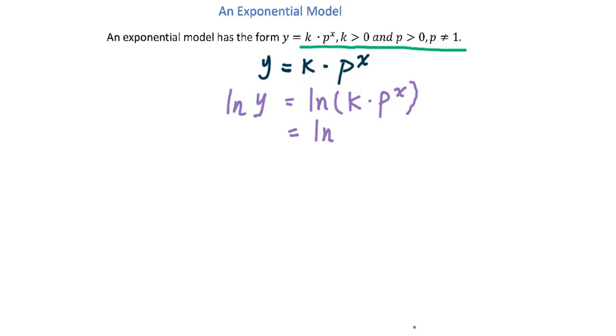So we can expand this natural log as natural log of k plus natural log of p to the x power. Keep simplifying. We have natural log of k plus, we can drop this x to the front, so x times natural log of p.